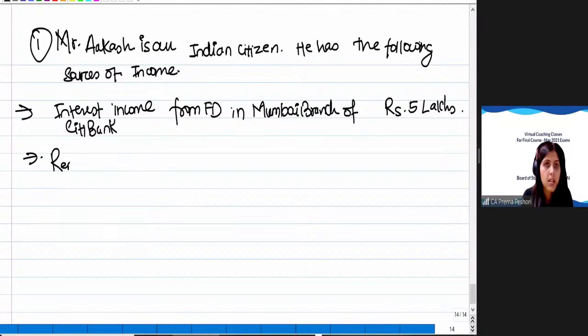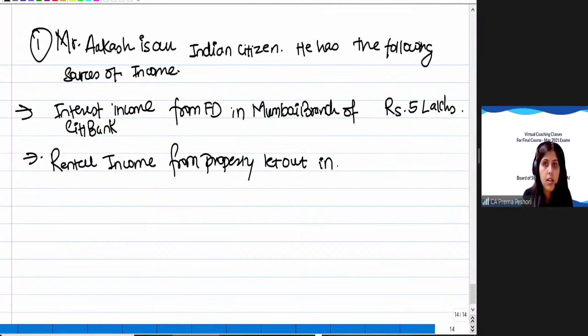He has earned rental income from property let out in Ahmedabad, rupees 8 lakhs.